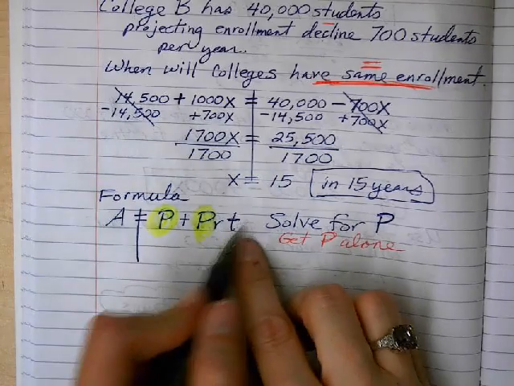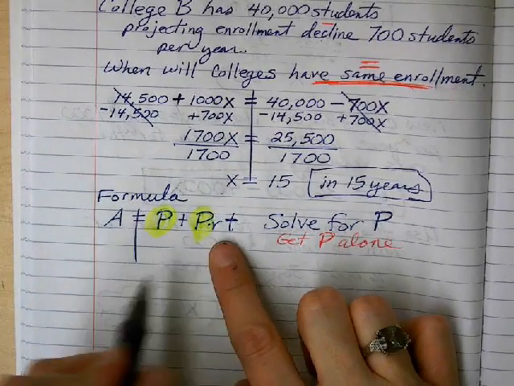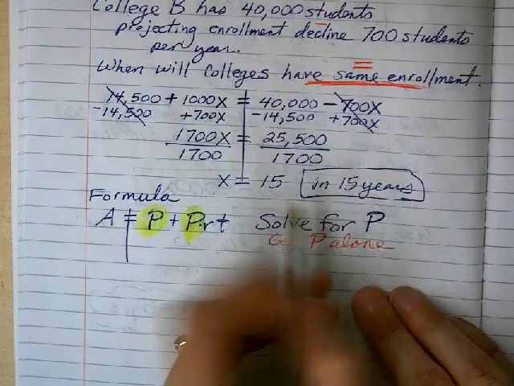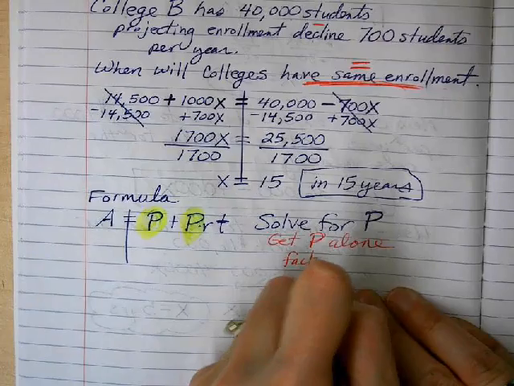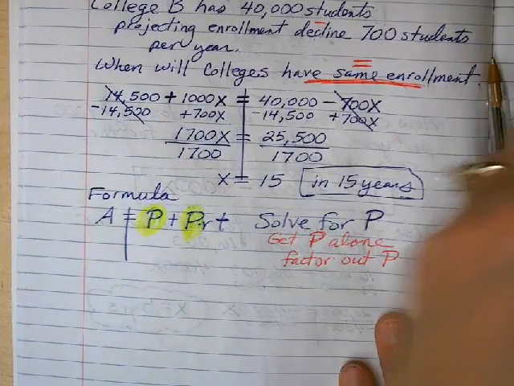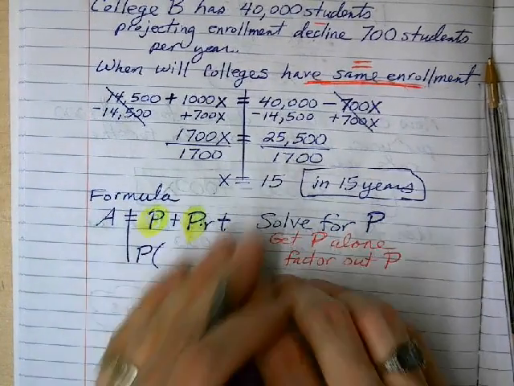Well, that's times. So what you have to do to get P alone is factor out the P letter. Separate it, put P parentheses, get the P out of this little addition thing.